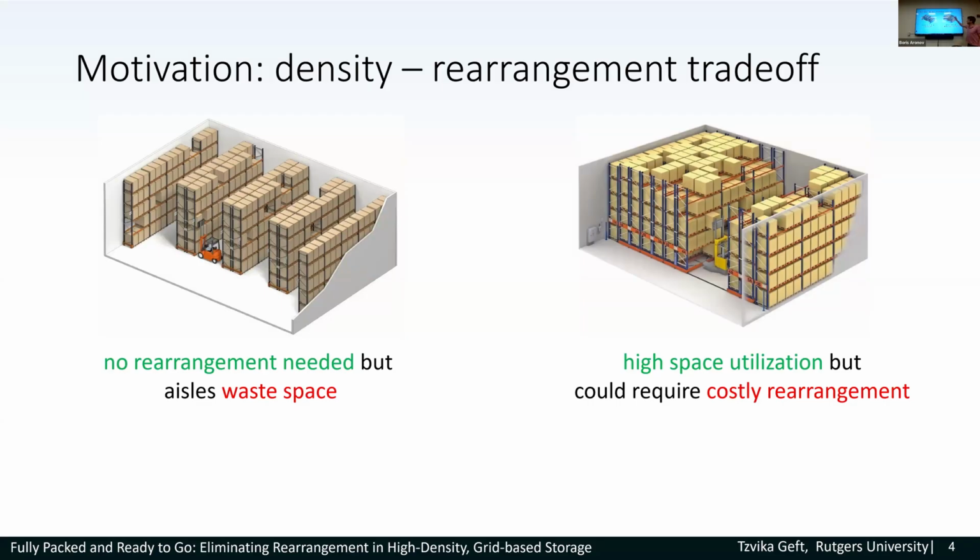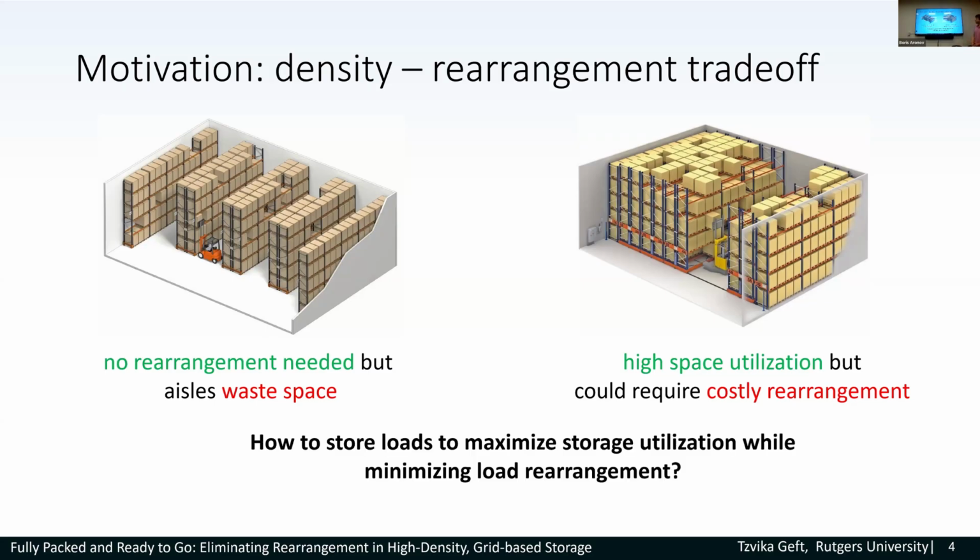On the other hand, if you want to pack your storage area, completely fill it, and if you don't do things the right way, when you want to get something, you're going to end up digging through all the loads to find what you need. So this is the main question that we study here. How to maximize storage space utilization while minimizing the costly rearrangement efforts when you want to get something.